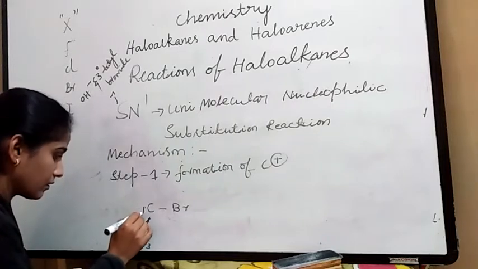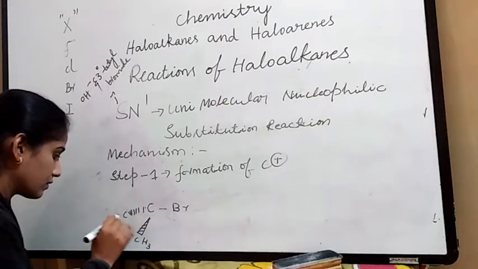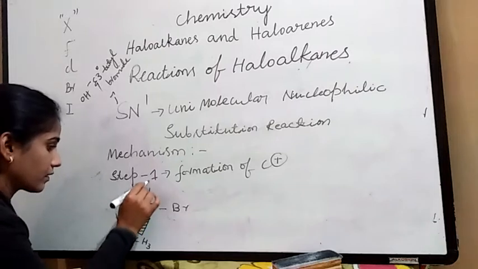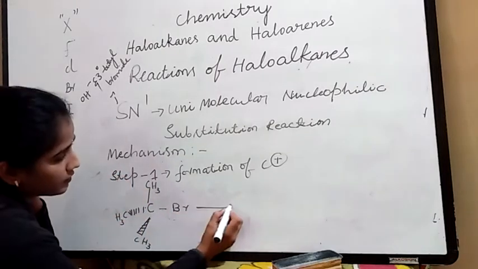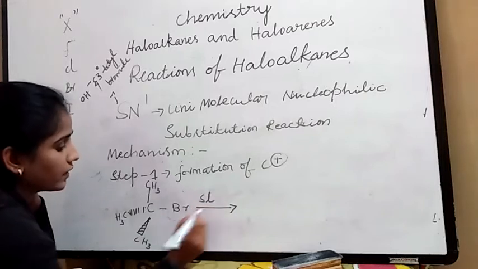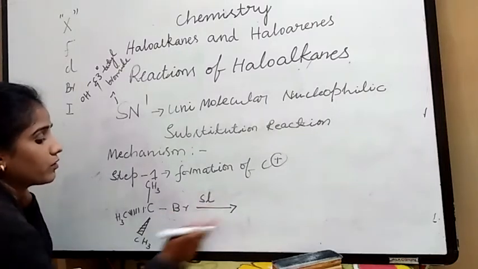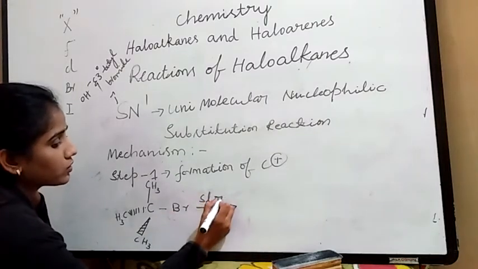CH3, CH3, CH3. This is a tertiary butyl bromide. This is a slow step reaction. Slowly the tertiary butyl bromide will form the carbocation. This is a slow step reaction.